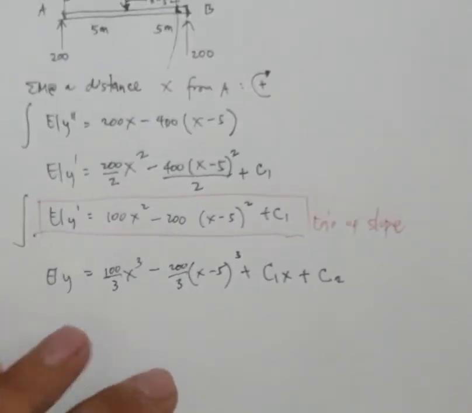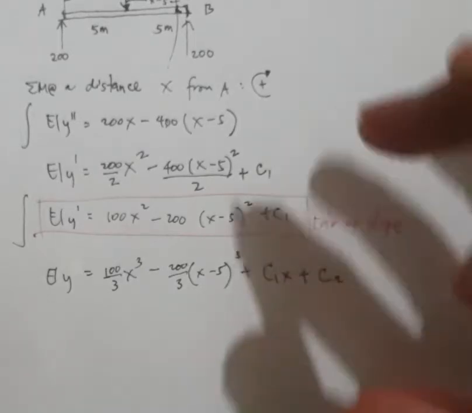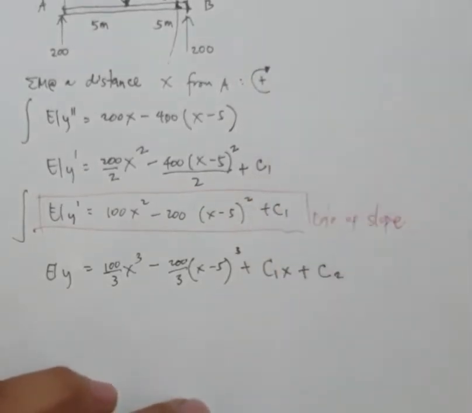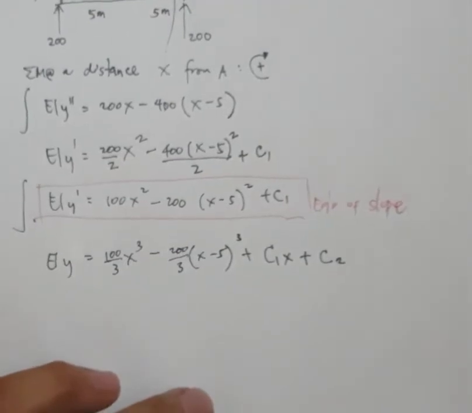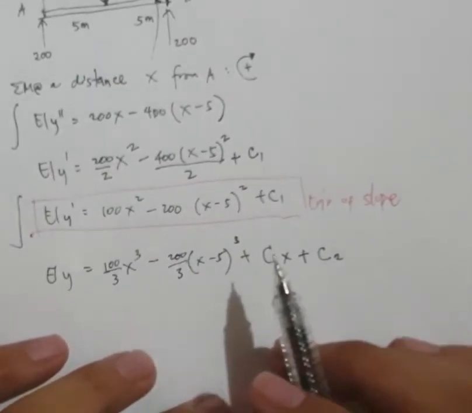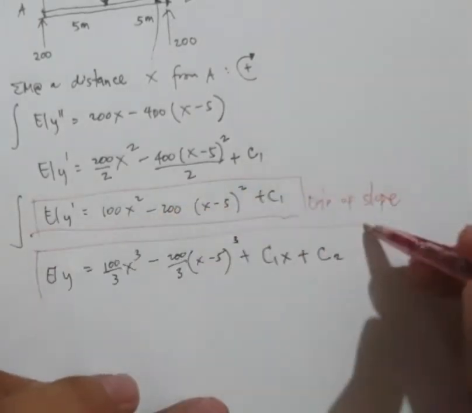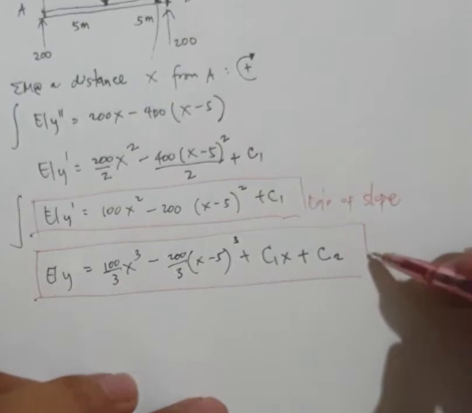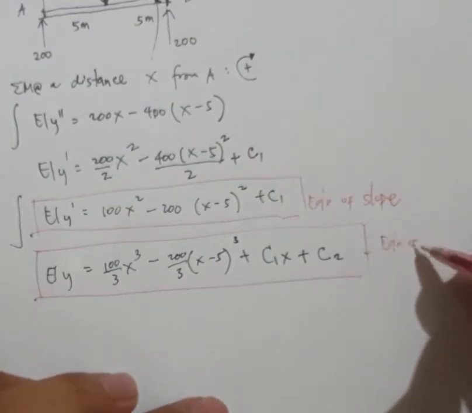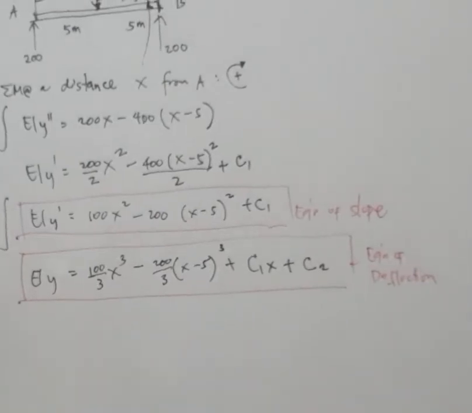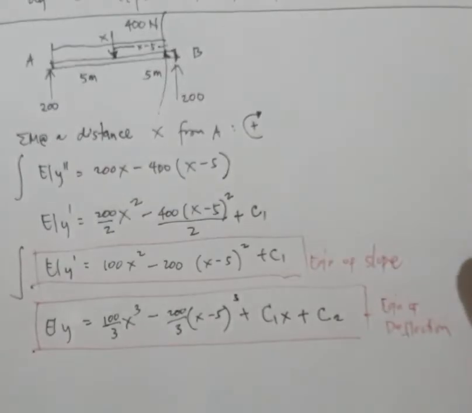Okay, just recall your integration, the basic integration. It's not complex, it's just the power rule. So this one is the equation for your deflection. Equation of deflection. Okay, so we already have two equations, the slope and the deflection.